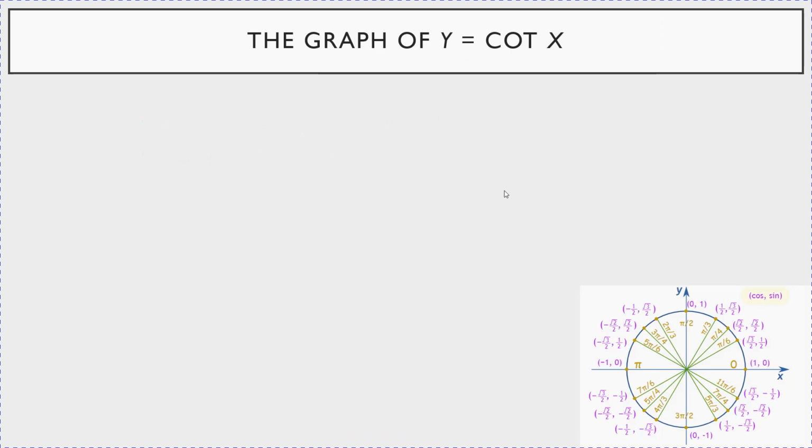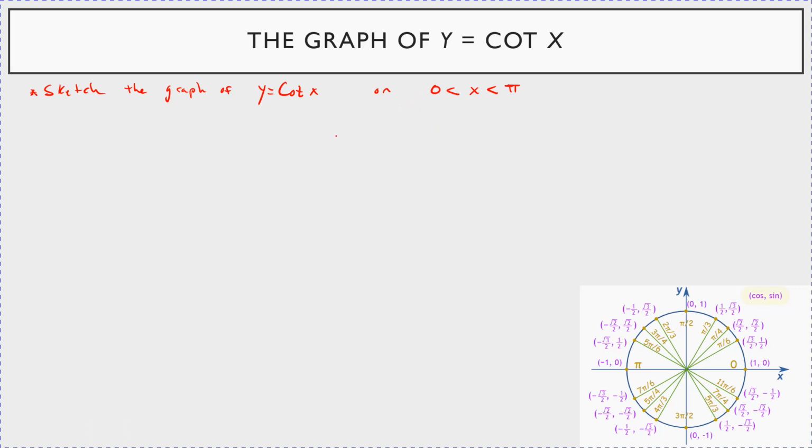Let's sketch the graph of y equals cotangent of x, and let's just graph it on this interval: 0 is less than x, less than pi.